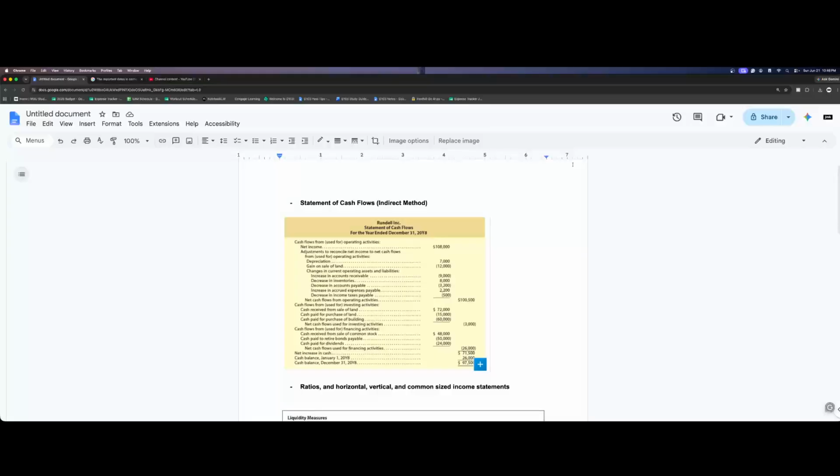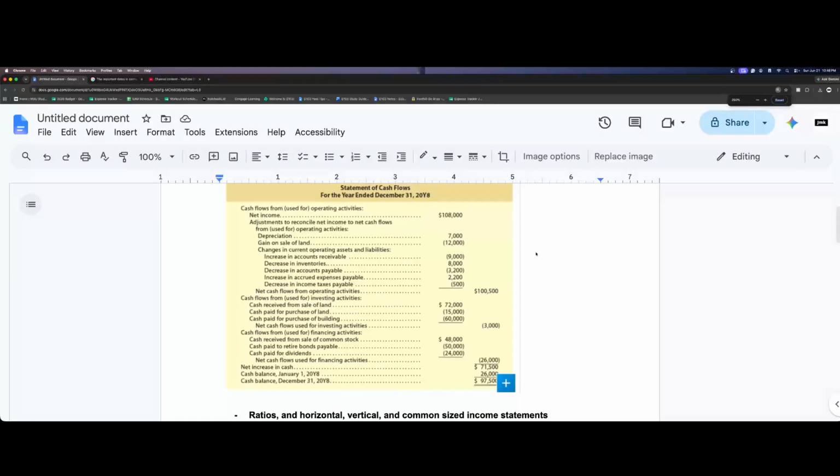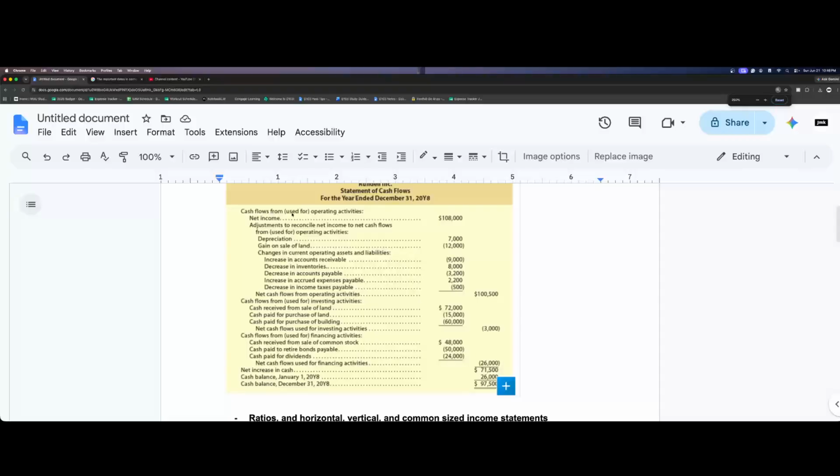So for the cash flow, there are going to be three parts to the statement of cash flow. The indirect method is going to have three major parts: cash flow from operating activities, cash flow used for investing activities, and cash flow used for financing activities.